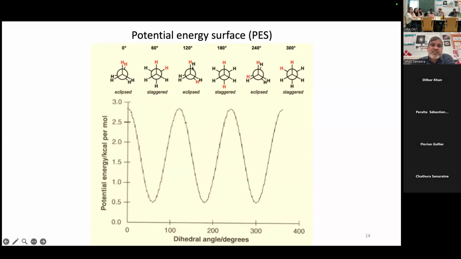But if you are in this conformation, the energy is relatively high. So this is a transition state. This is what you call the local minima. So when you rotate the carbon-carbon bond of the ethane molecule, the energy can change like this. So it will go through some transition states and also the local minimum.